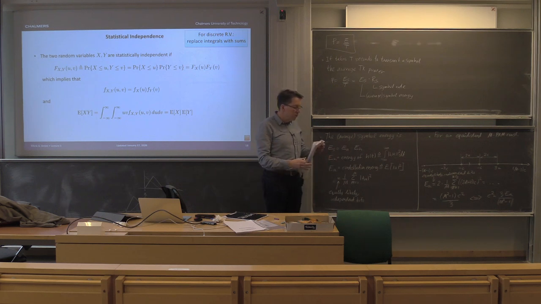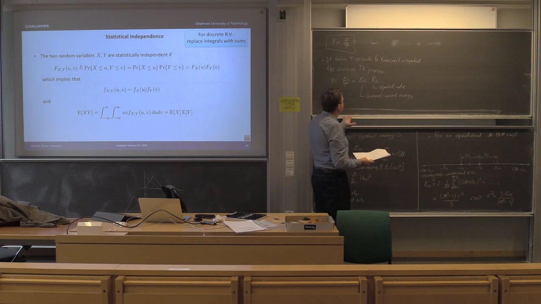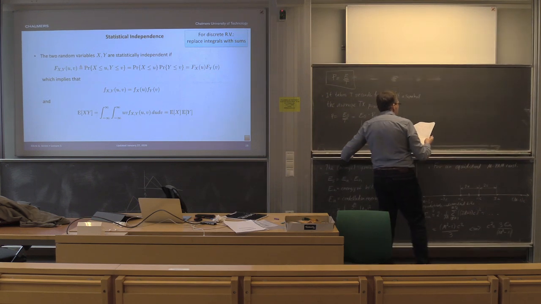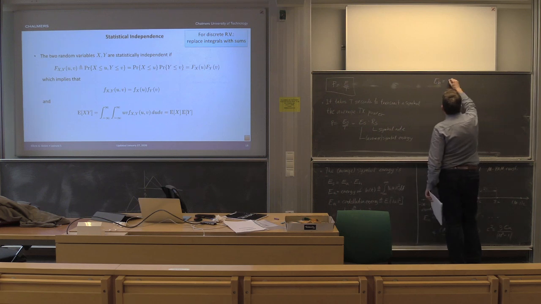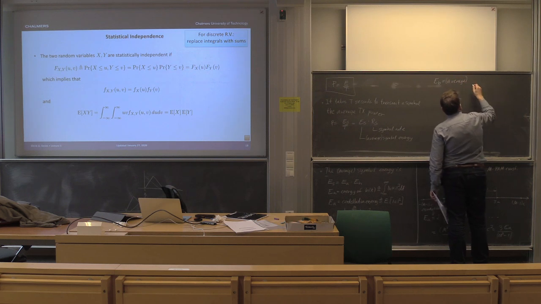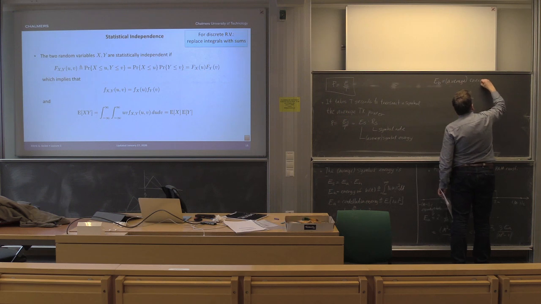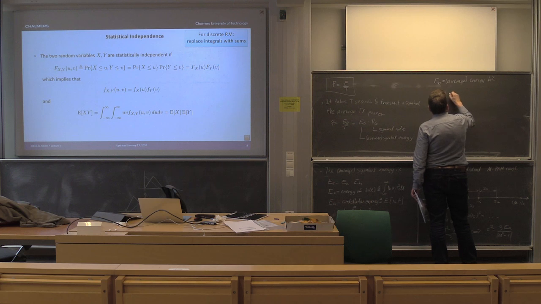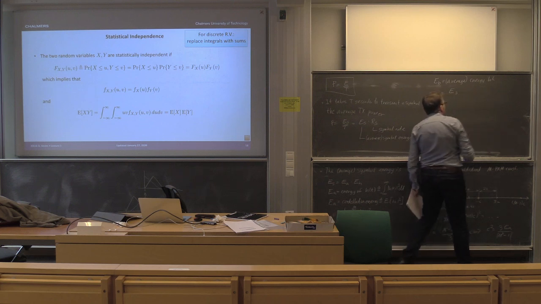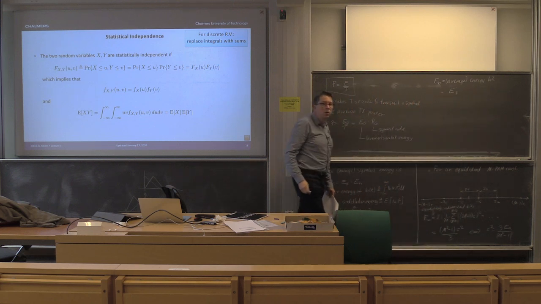So this works also for bits. So if we take E_B, which is the average, again, stop using that very soon, energy per bit, we can compute that from the average energy per symbol.